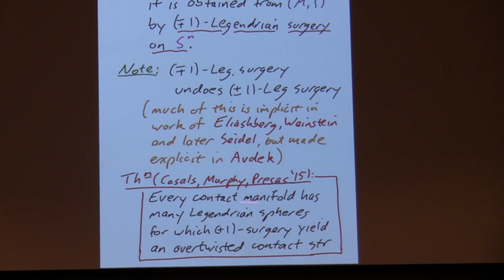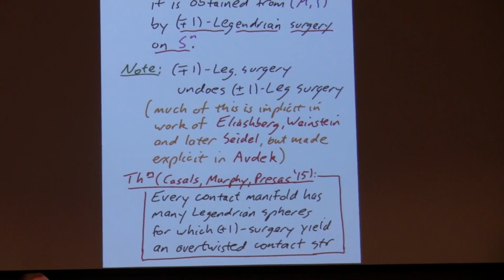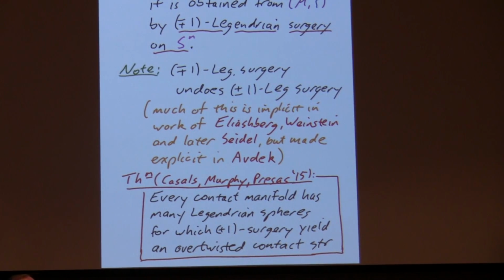Casals, Murphy, and Presas, when they were studying overtwisted structures, gave all sorts of different characterizations of overtwistedness in high dimensions. One thing they proved is that if you do +1 surgery on a loose knot, whatever that means, I'm not going to give the definition here, there are lots of Legendrians that when I do +1 surgery on them, I will get an overtwisted contact structure. So I will need that fact as well.